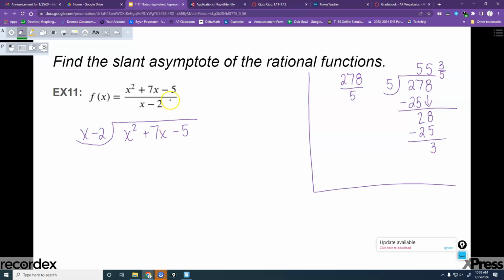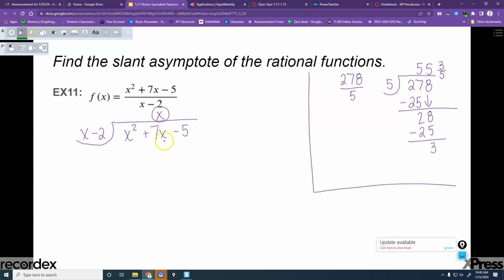Rather than thinking about dividing, here's what I think. I need to know what number times x would give me x squared. Or what expression times x would give me x squared. So x times x would give me x squared, right? So that's what I want to put here, x. And we want to put it above the term with the same exponent.